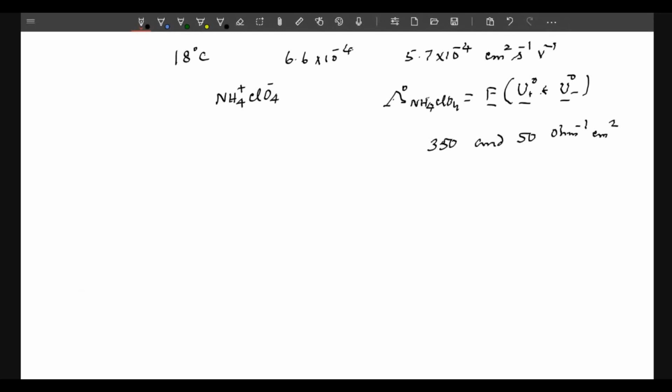That is ionic conductance. They are giving lambda plus and lambda minus.